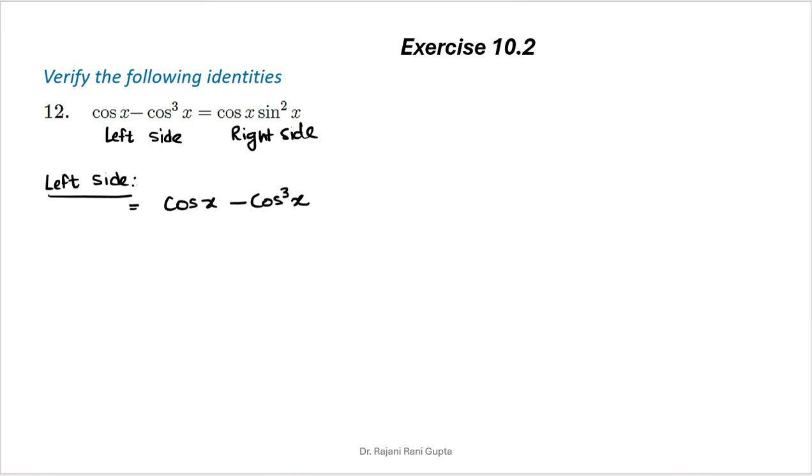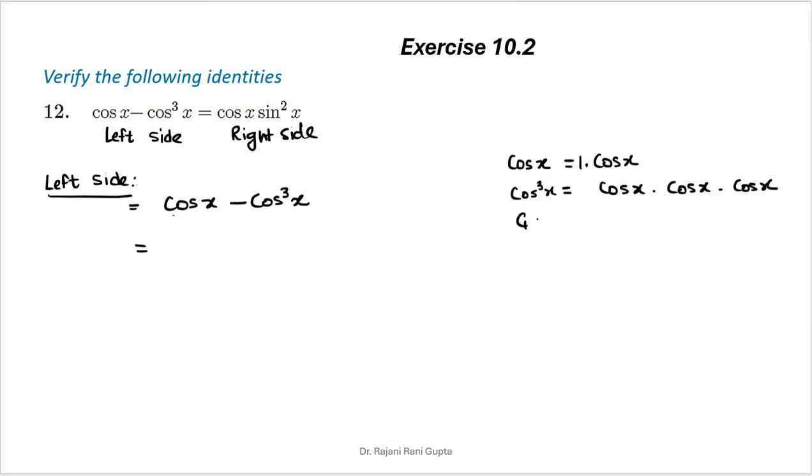Now how do we simplify? You have to check if there is any greatest common factor between these two terms. Do you remember how we find the greatest common factor? Cos of x, you can write it as 1 multiplied by cos of x, the factors. Now cos cube x means cos x multiplied 3 times, because the power is 3.